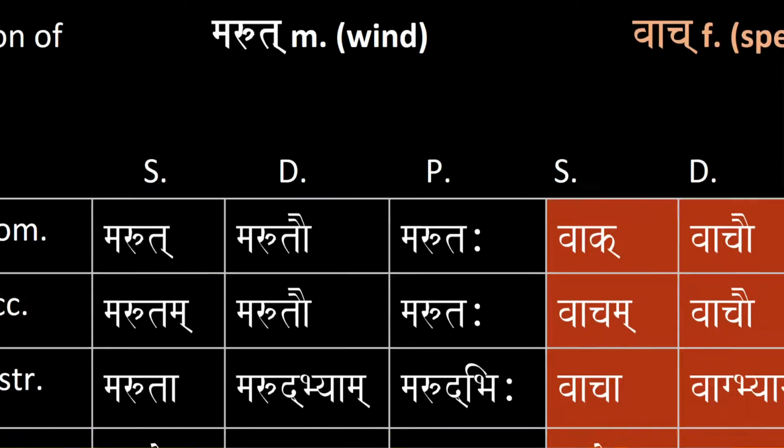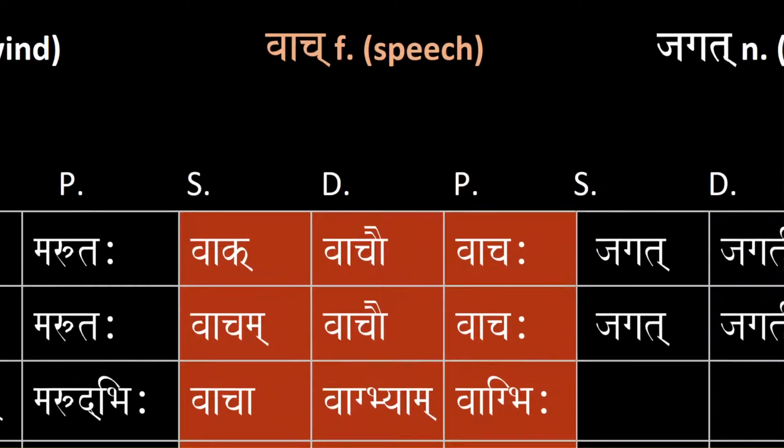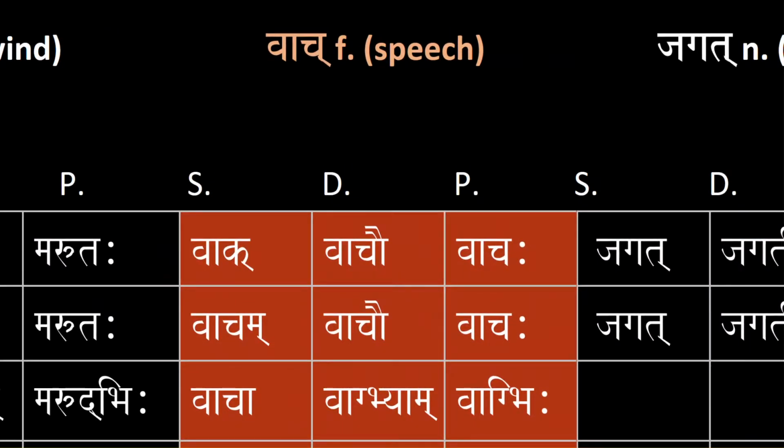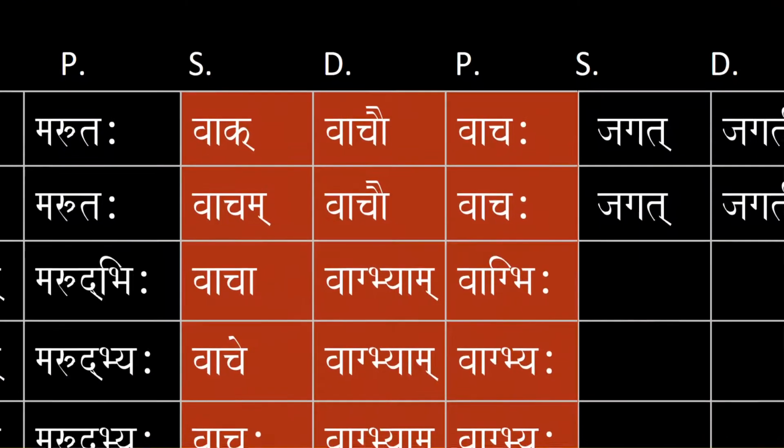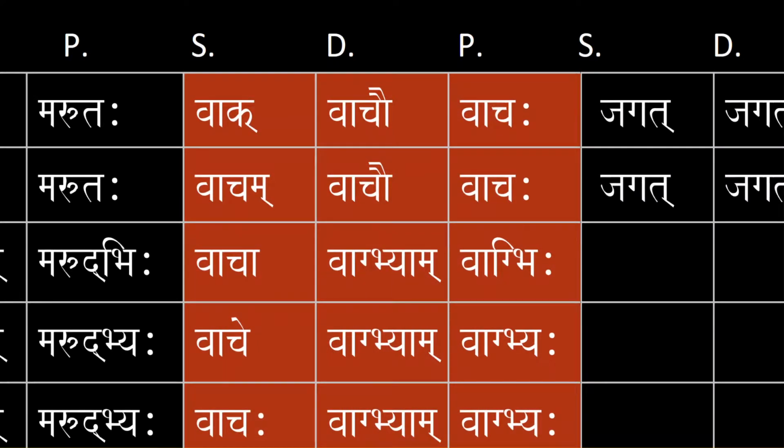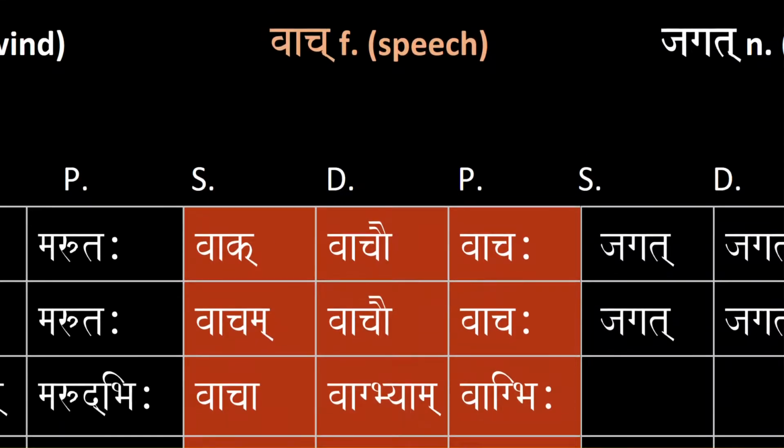Now for the feminine, our example noun is vach, and that means speech. For nominative, singular, dual, and plural, vach becomes vak, vacho, and vachaha.